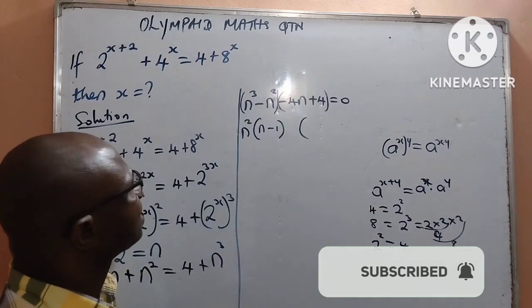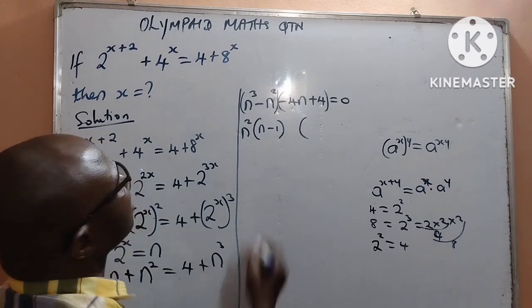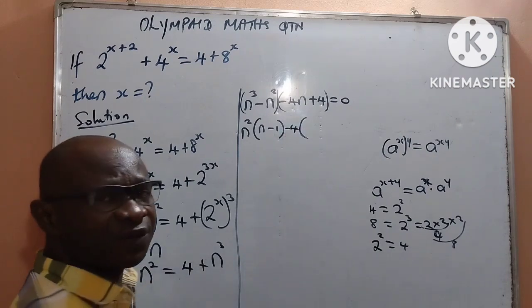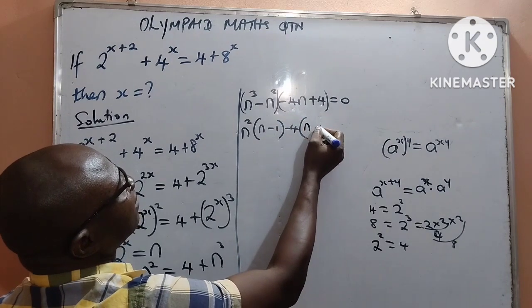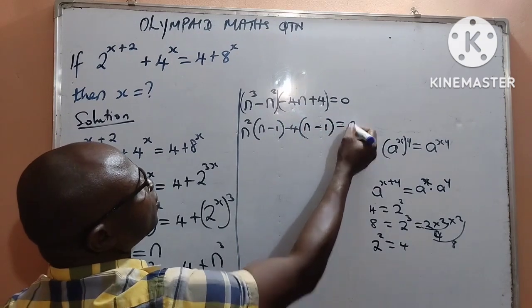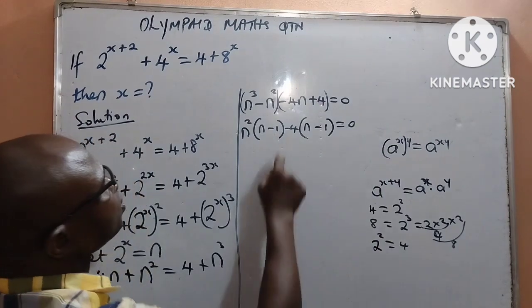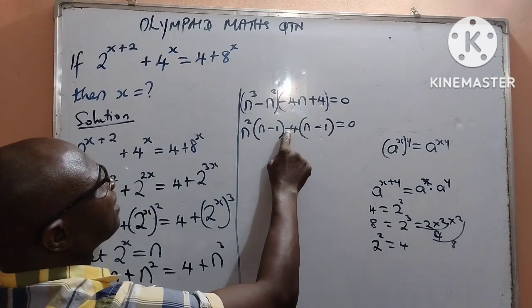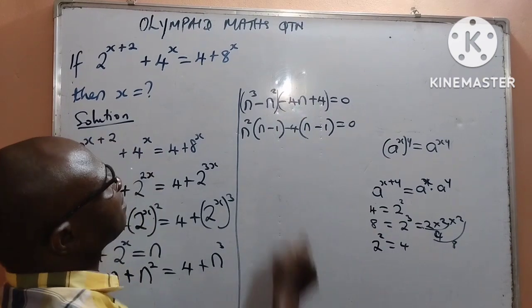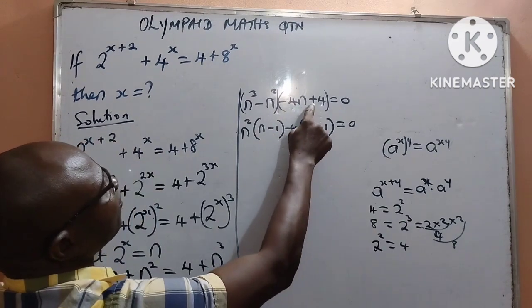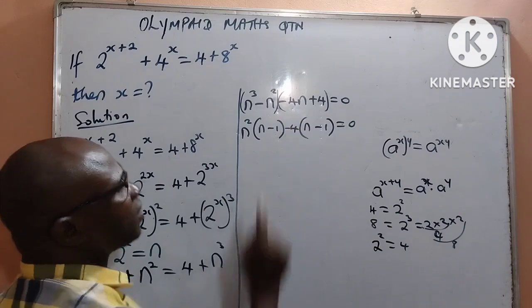And in the second bracket, what is common is negative 4, so that I will be left inside the bracket n minus 1 equal to 0. How? Because minus 4 times n will give me minus 4n, and minus times minus will give me plus, and 4 times 1 is 4.